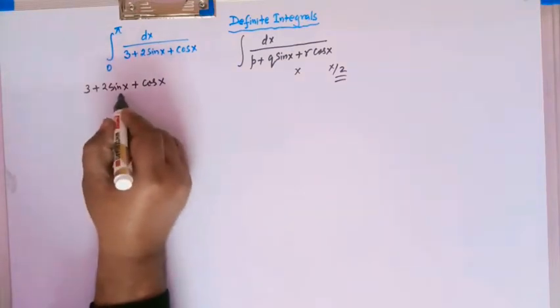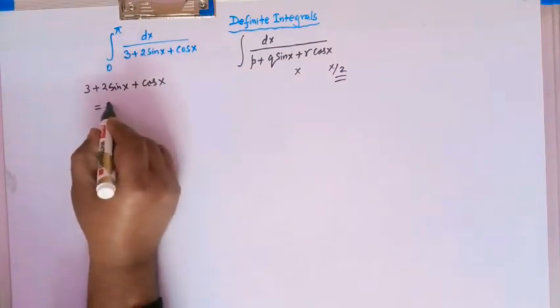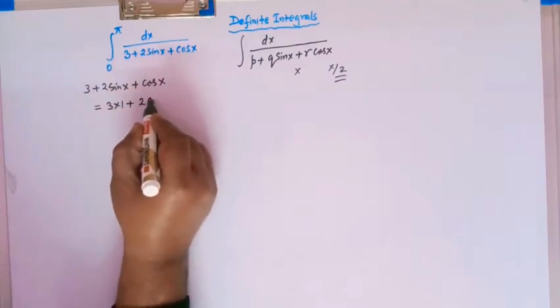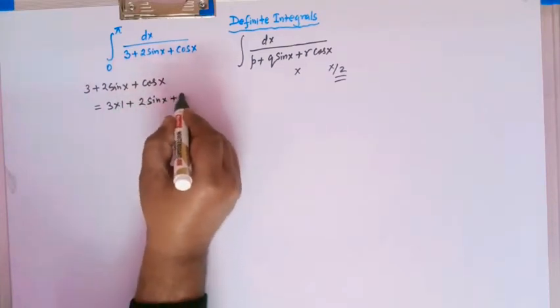So 3 plus 2 sin x plus cos x can be written as 3 multiplied by 1 plus 2 sin x plus cos x.